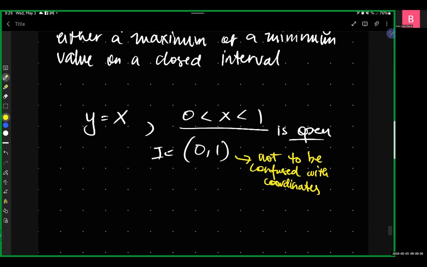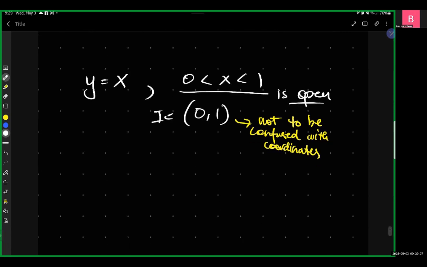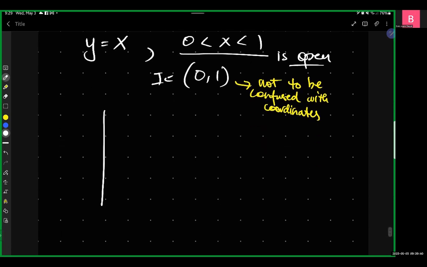As you can see, the y is equal to x has an interval I between 0 and 1, where 0 and 1 are not included in the function. So how do we plot this graph? We have 0 over here, 1 over here, and 1 over here.